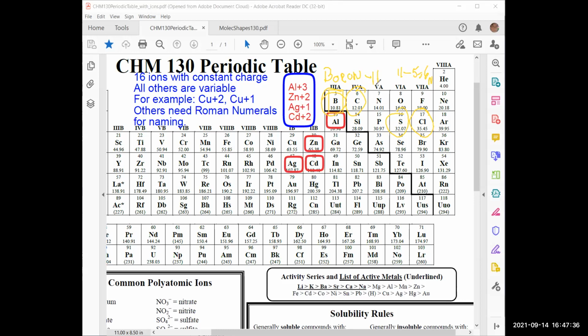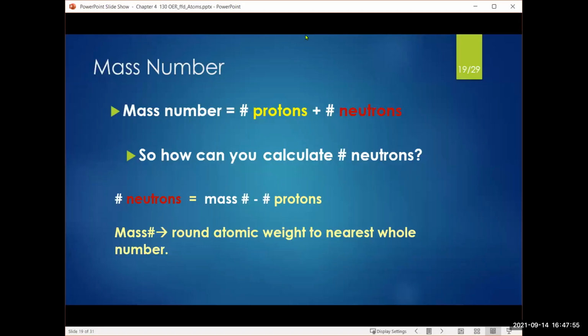Okay. Now, sometimes they will give you the mass number right away. I'll show you that. Let's go back. They may say carbon 13, write it out.